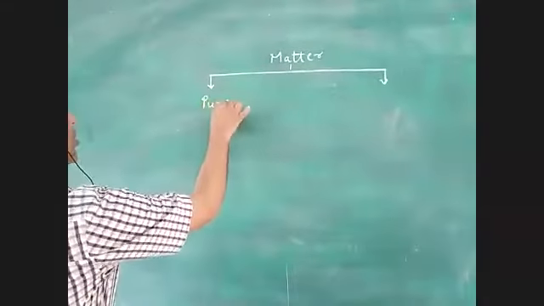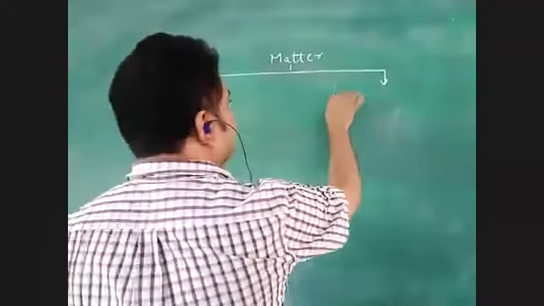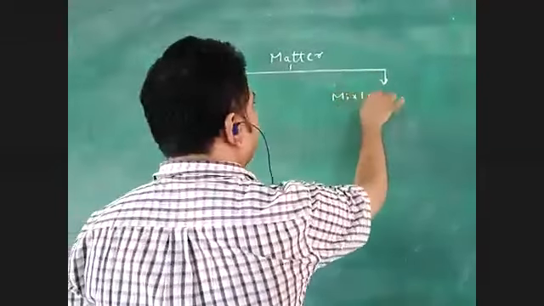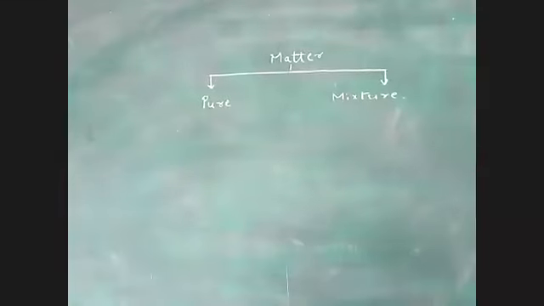Here I will write pure kind of matter, and here I will write mixture kind of matter. So this will be our classification of the state of matter. Hope that you understand how matter can be classified into its categories.